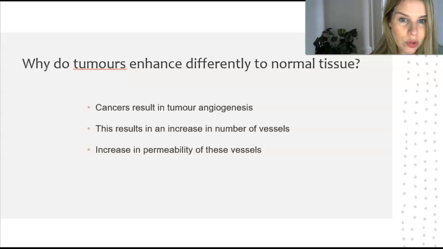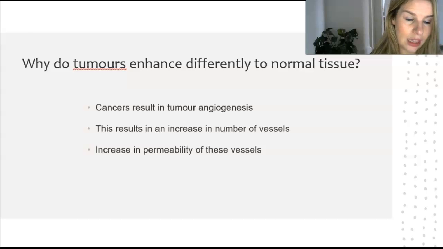Also, the permeability of those vessels is increased, which means it's allowing things to flow out of the vessels. So drugs, nutrients, water, contrast become more permeable in these abnormal cancerous tumours.